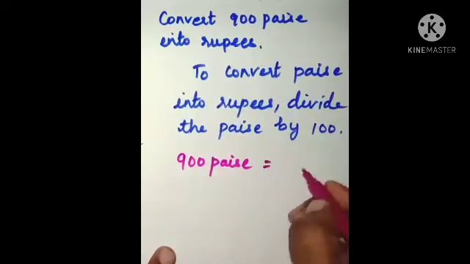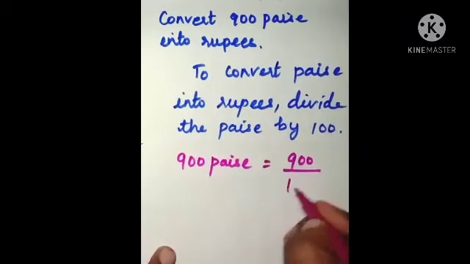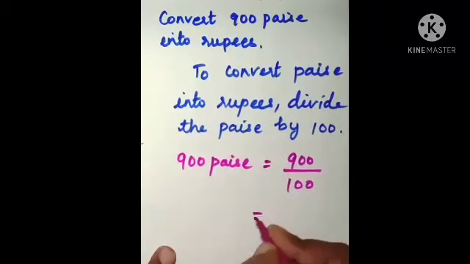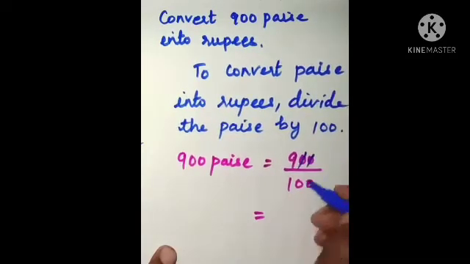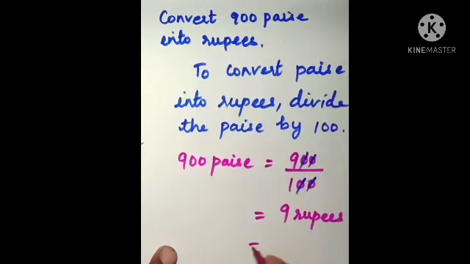We need to divide 900 by 100. Therefore, cancelling 2 zeros from the numerator and the denominator, we get 9. Here pies is converted into rupees. We can write it as 9 rupees.